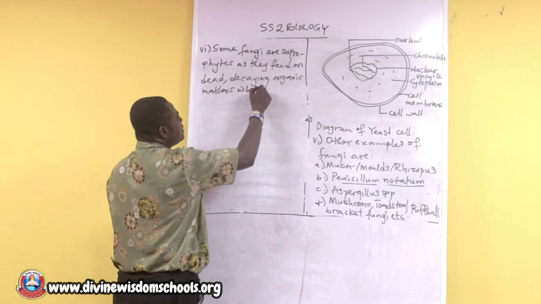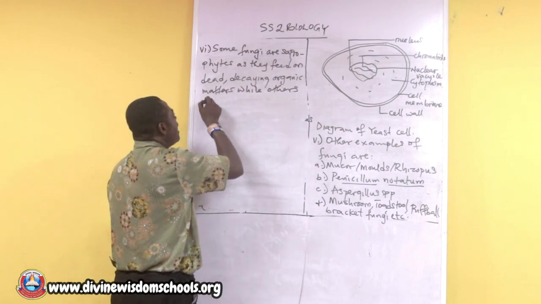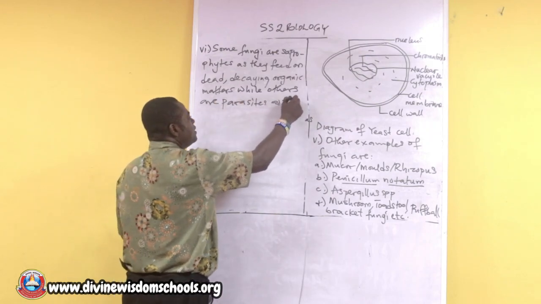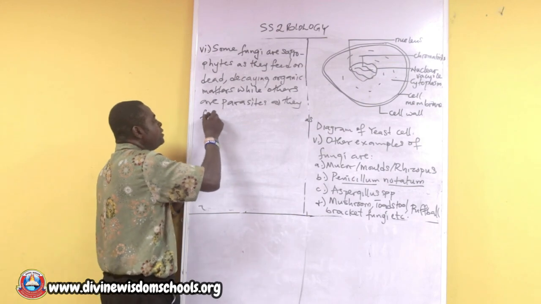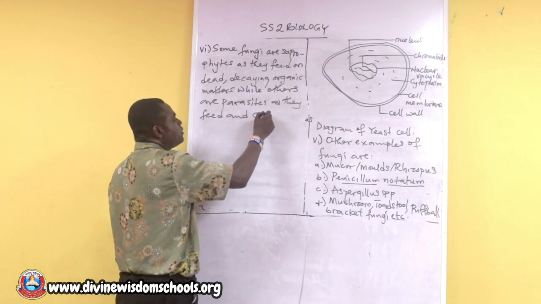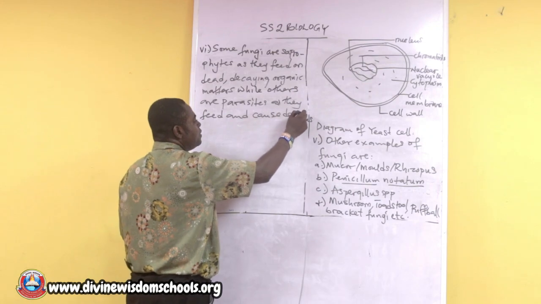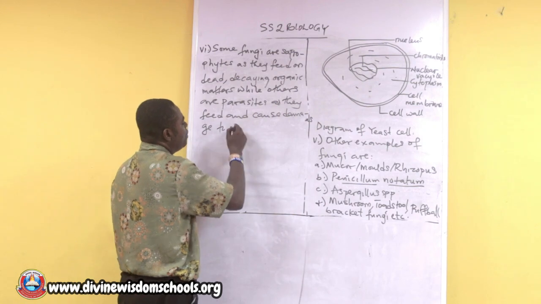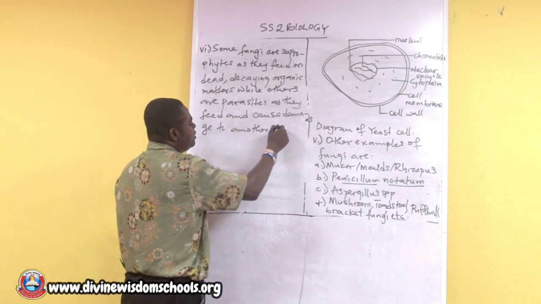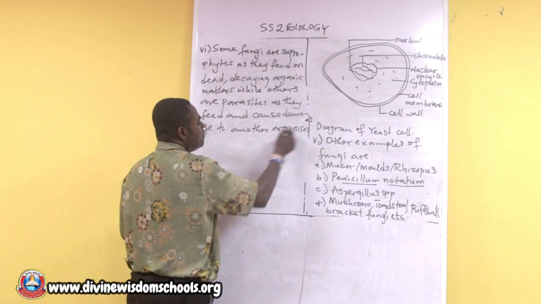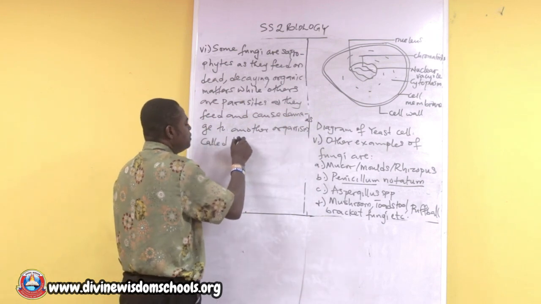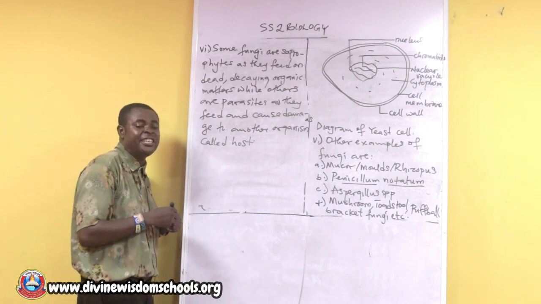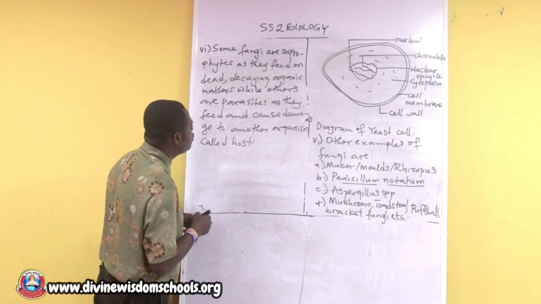While others are parasites. Why are they parasites? As they feed and cause damage to another organism called host. And that is why we have some parasitic fungi that cause skin diseases like eczema, and so on.